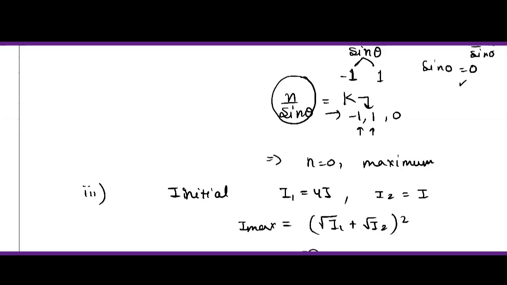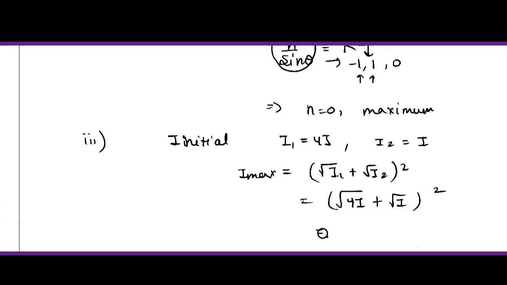So under root of I1 is 2 under root I, plus under root of I2 is under root I, whole square. So this is 3 under root I square. If we further solve it, then we have 9I.